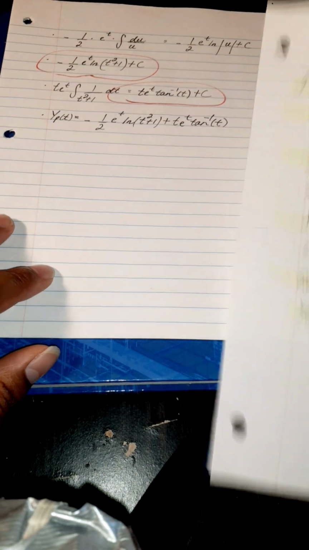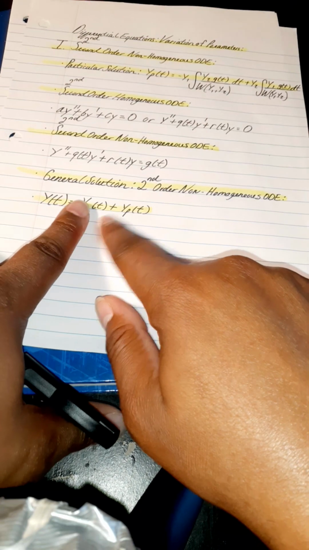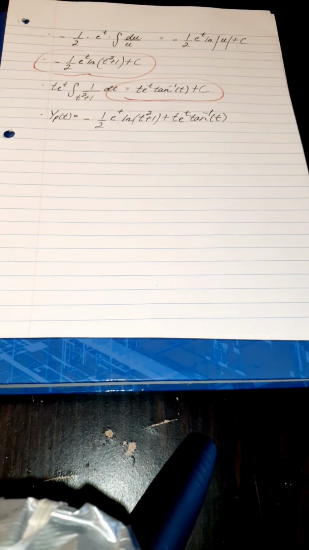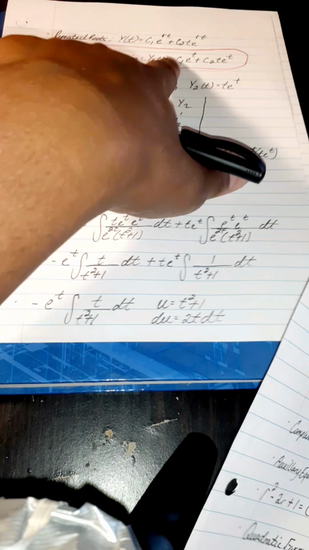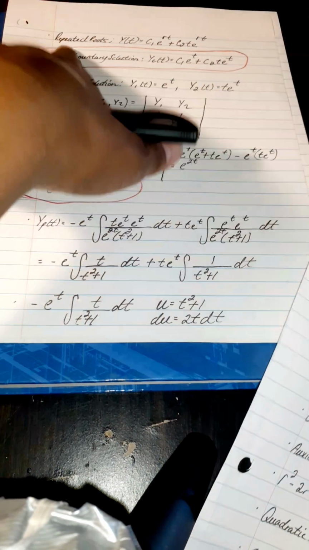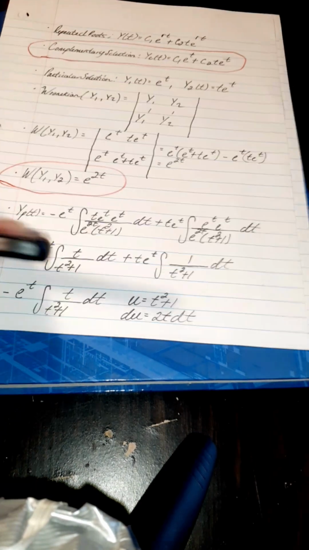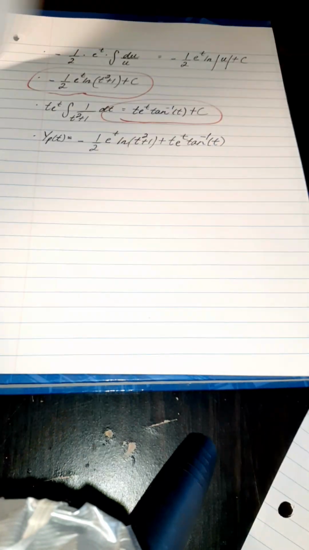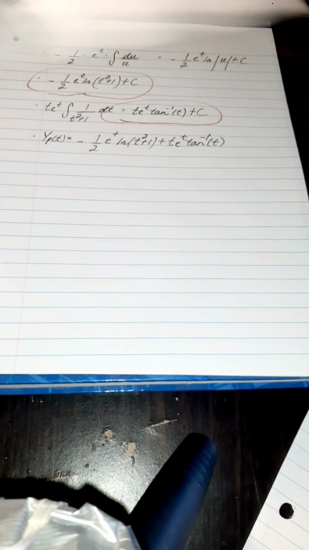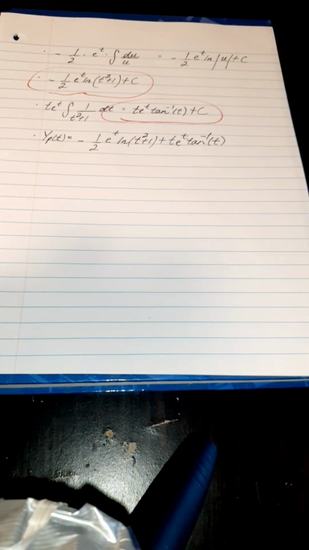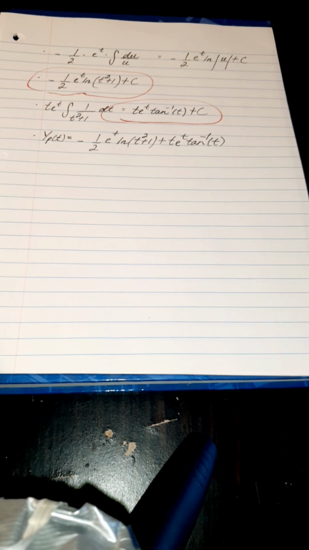So that's the particular solution right there. So the general solution is just a combination of this complementary solution and this particular solution that we got earlier. We'll go back to the example that we did earlier. So the complementary solution was this, because we got repeated roots, and the particular solution is what we got here. So the general solution is a combination of both of those. So let me circle our particular solution.